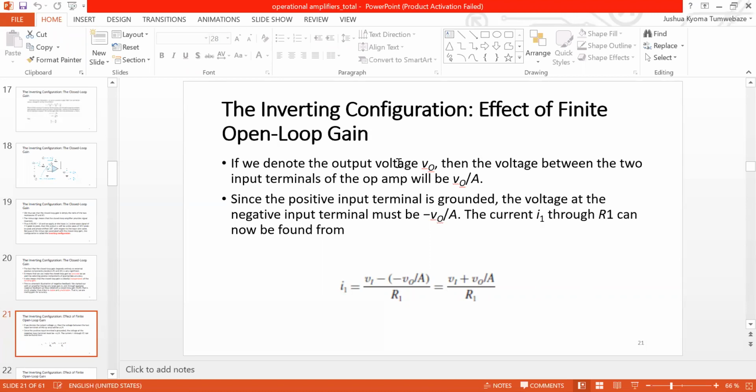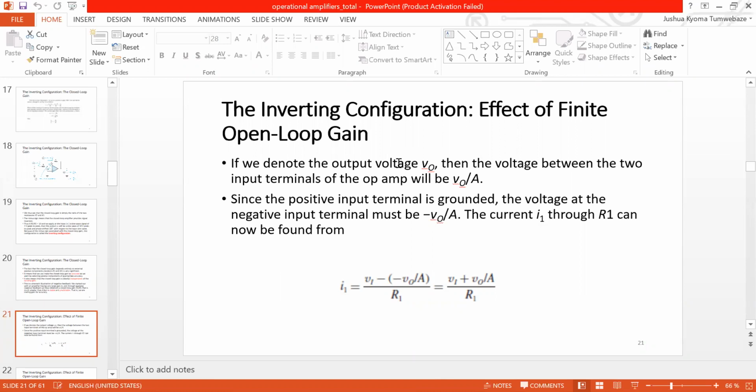We derived the expression V naught over VI equal to minus R2 over R1 with the assumption that the op-amp is ideal and has an infinite open loop gain. But practically, the op-amp does not have an infinite open loop gain.